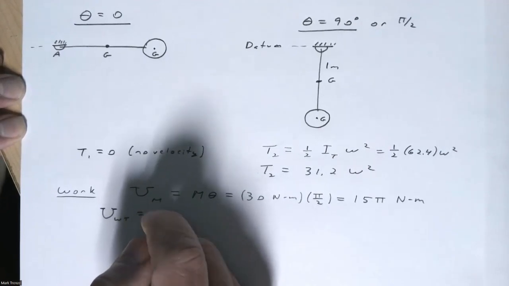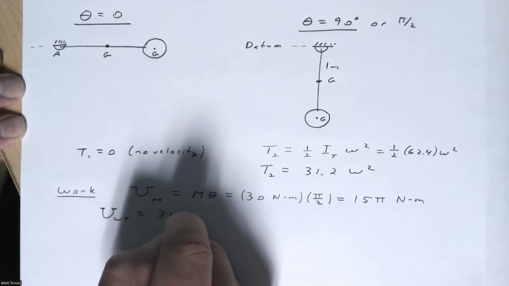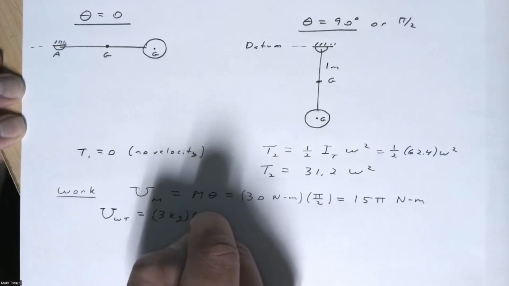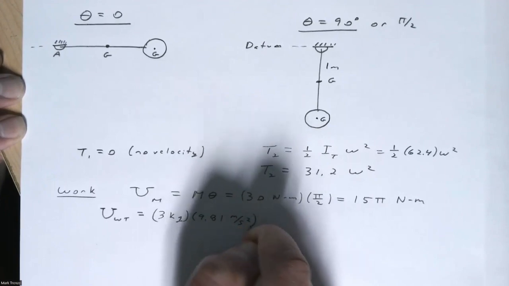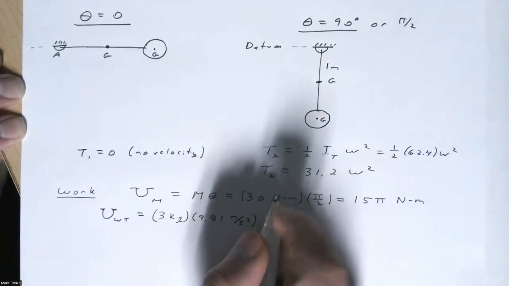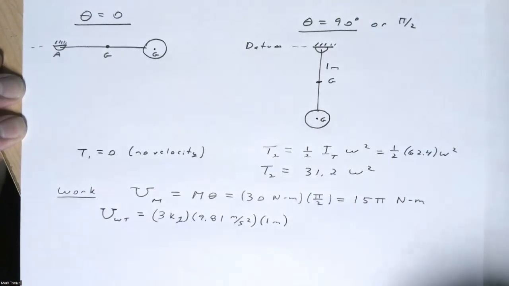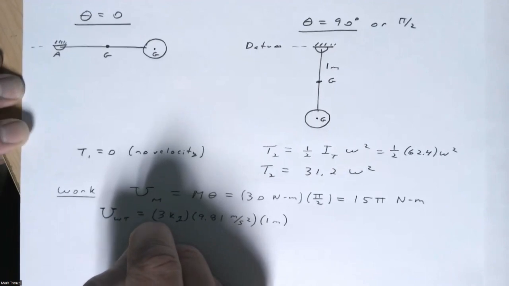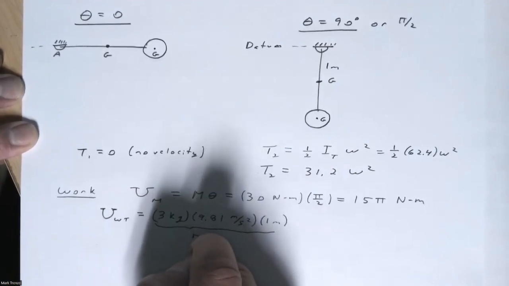So in this case, for the rod, we're going to have 3 kilograms times 9.81, and then it moved down 1 meter. And so again, this was for the rod. Again, it's positive because it went downward.